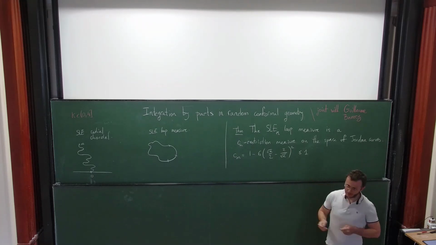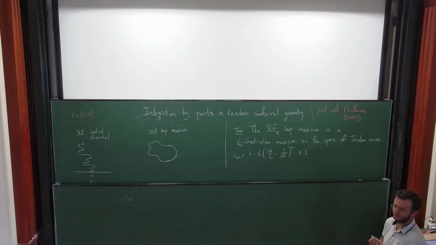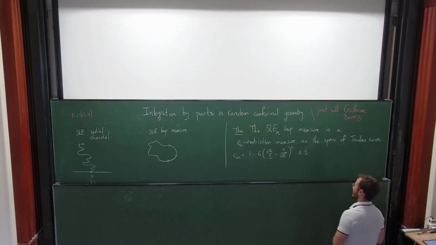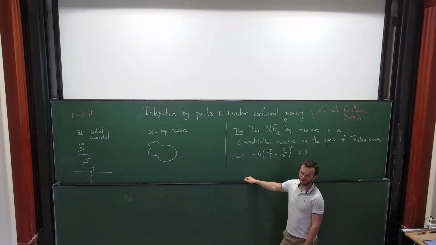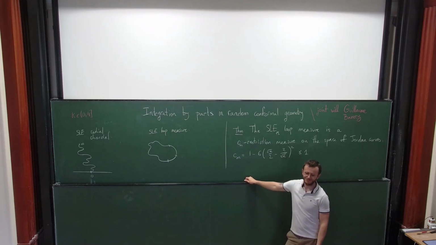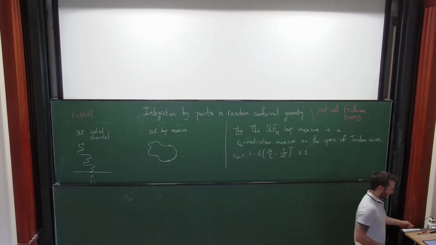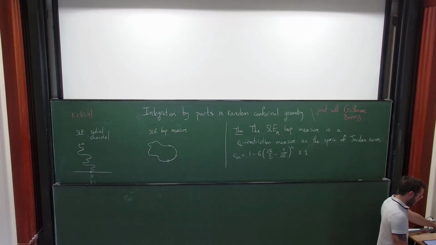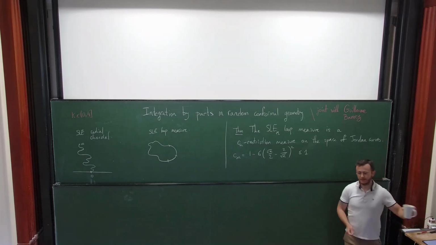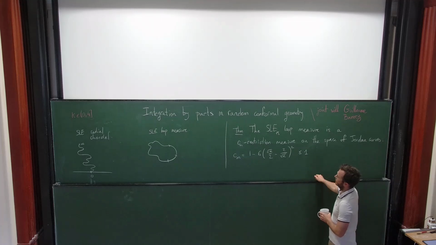Why c_M? M for matter. Okay, and also in the paper we have another thing called c_L. I will explain in a bit what this is saying. And if you want, this will be the existence part of this Kontsevich-Suhov conjecture, and it has a lot of history.